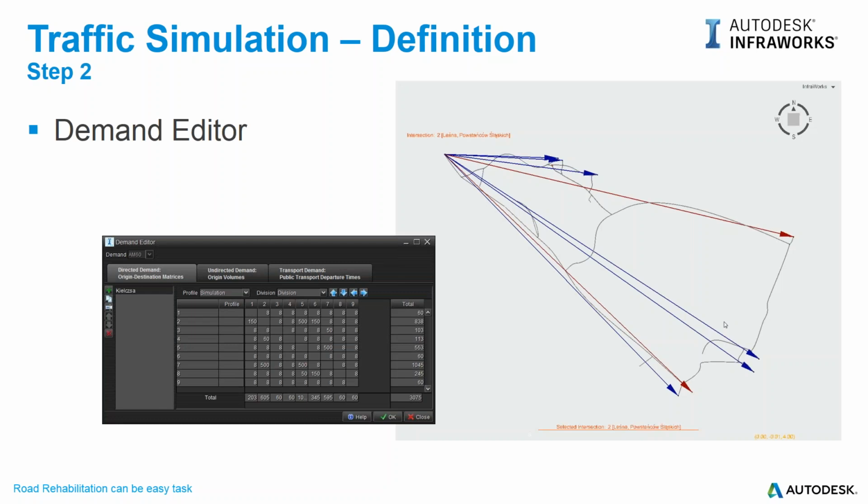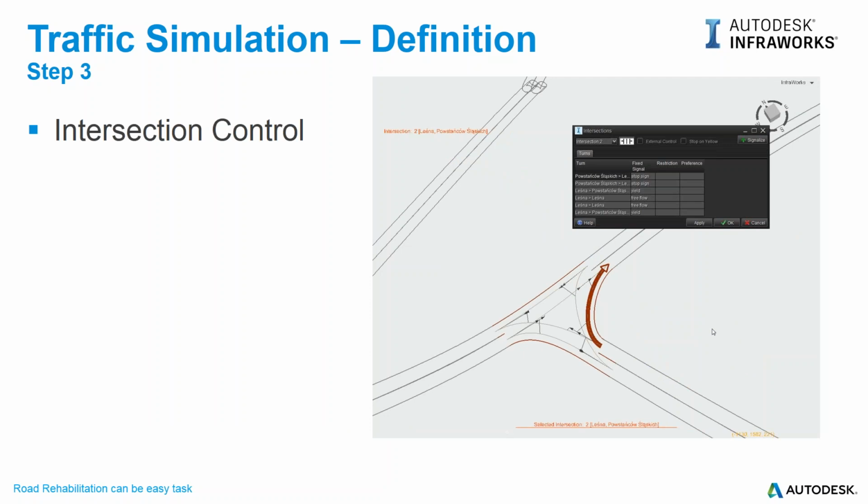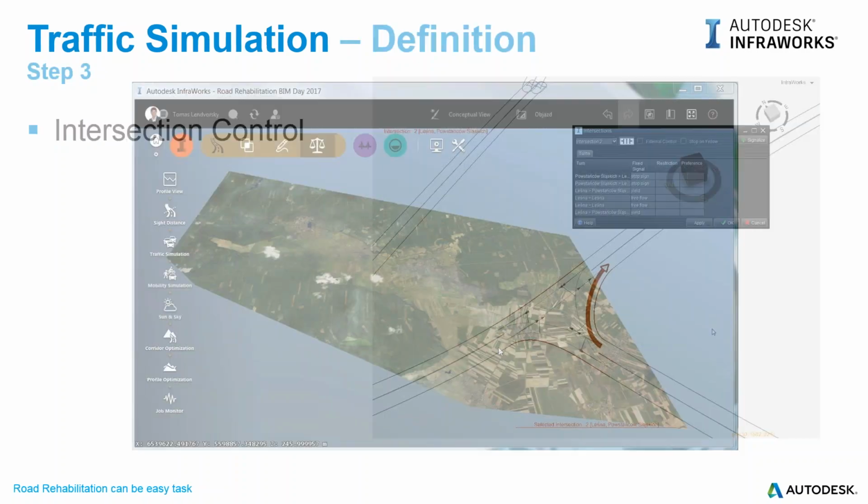Then you have the demand editor, where you specify how many cars will be traveling between specific points. So you will define the amount of vehicles which will be traveling. And then you have intersection control. So you have the way of defining what will be the behavior. And that's it.